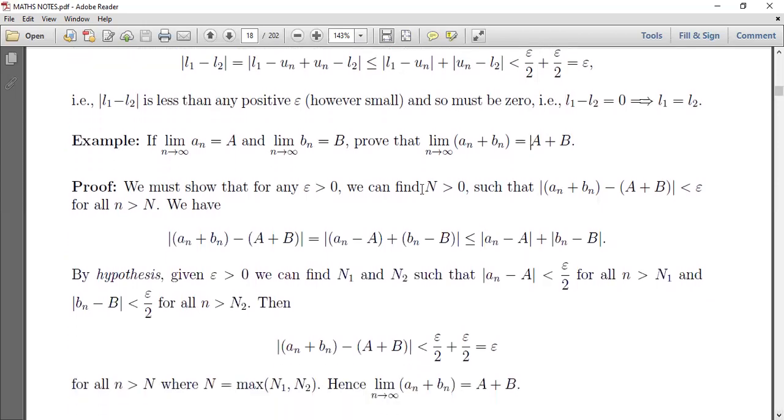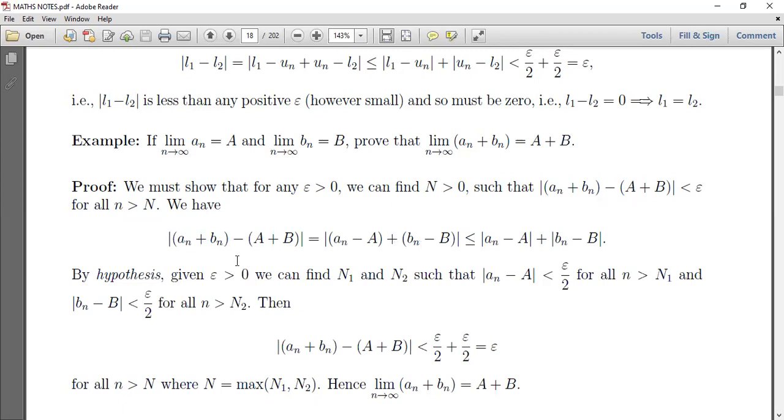By the definition of a limit, what we want to prove is that the modulus of AN plus BN minus (A plus B) should be less than epsilon. The modulus of AN plus BN minus (A plus B) is equal to the modulus of AN minus A plus BN minus B, using the properties of modulus.